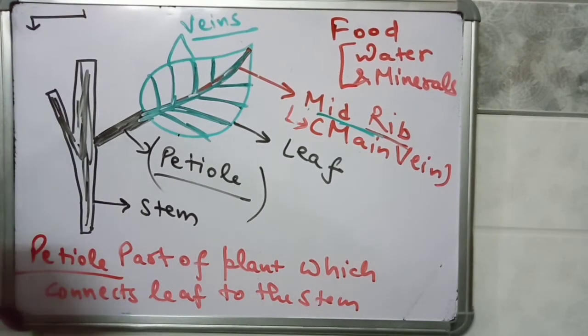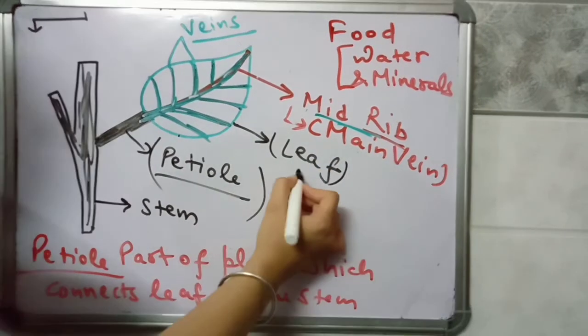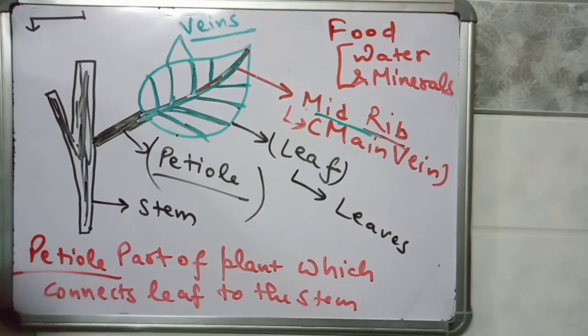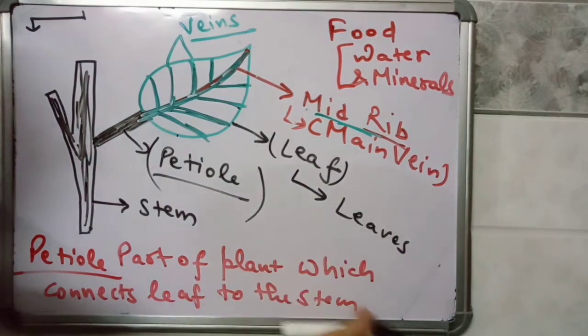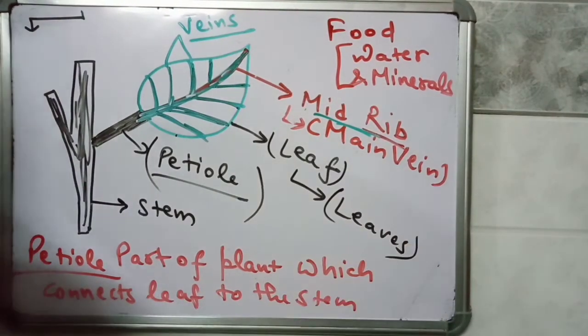Leaf is the singular form and its plural form is leaves. If we take many leaves together, we name them leaves.